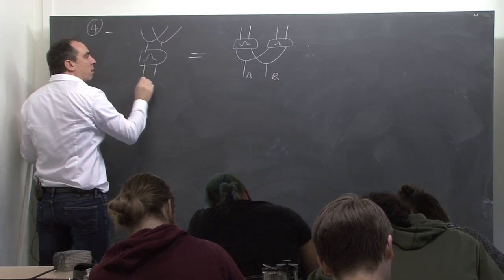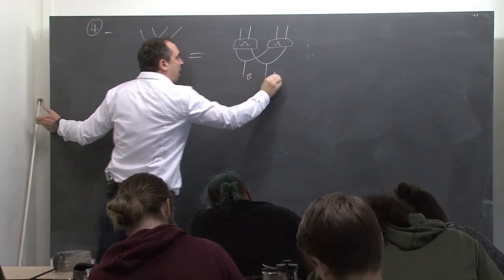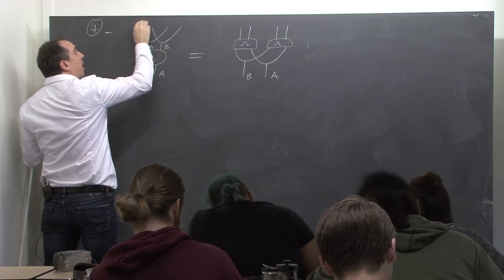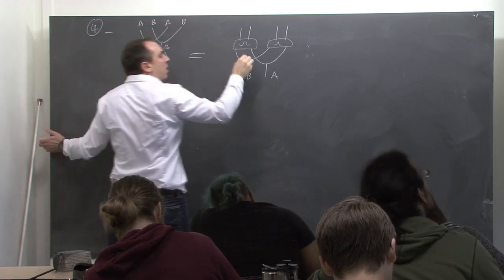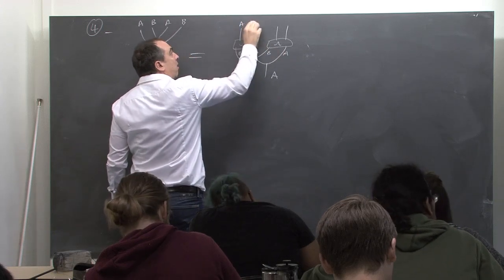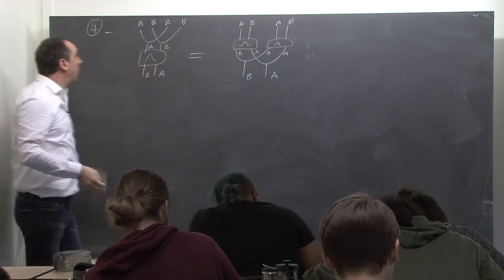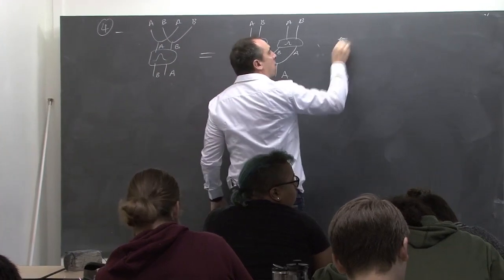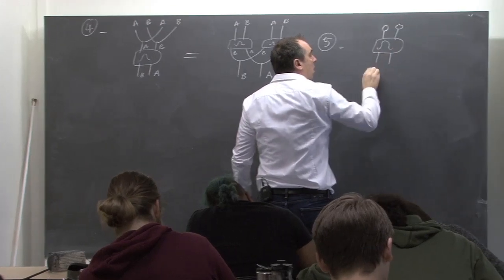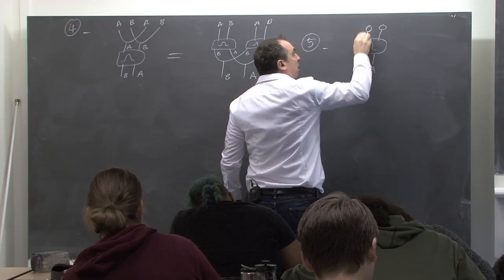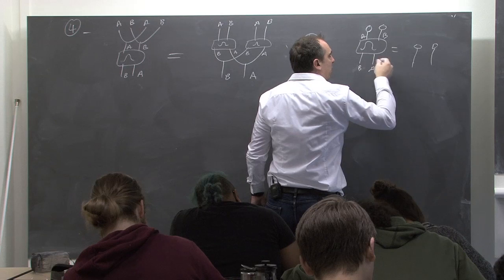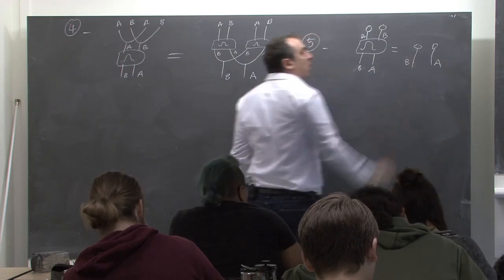so no, so this is B, A, B, A. So I have A, B here, so I have A, B, A, B. Here I have B, B, A, A. So A, B, A, B. And finally, I want if I plug B, A, B, is just compatible with the co-units, B, A, like this.